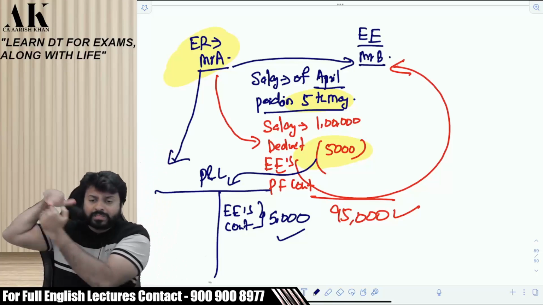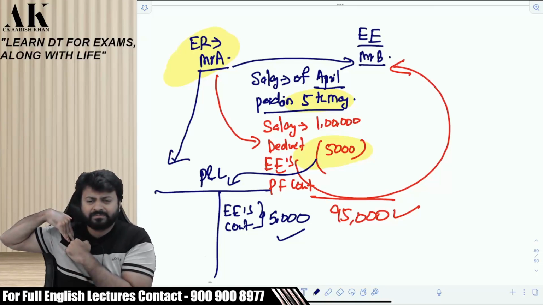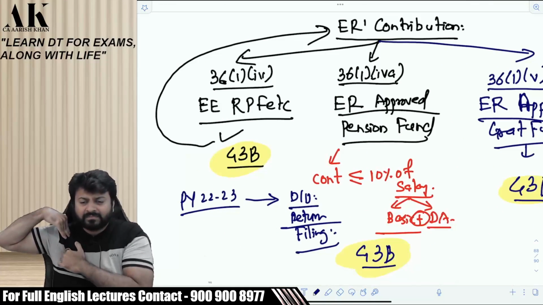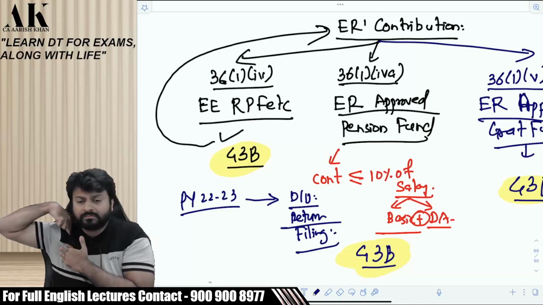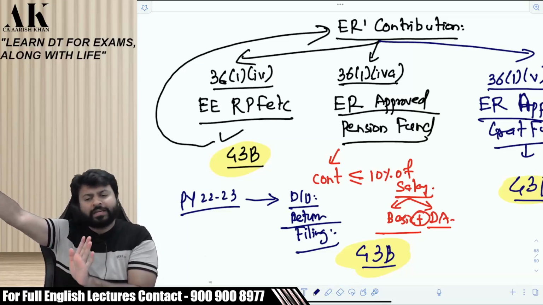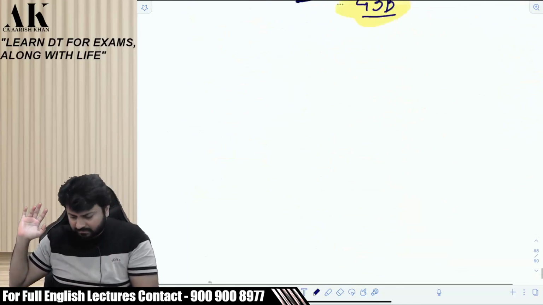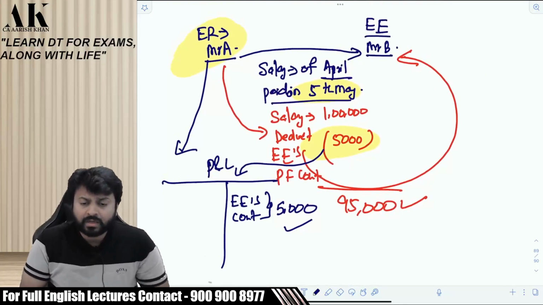So my contribution which I have given, will I get deduction for that in the previous sections? In these sections, I will get the deduction of my contribution, right? And by when I am supposed to pay my contribution, I have just told you. Till the date of the return, if I pay, then also it's okay. It will be allowed as deduction in the current previous year. Now, coming to your contribution, the employee's contribution.